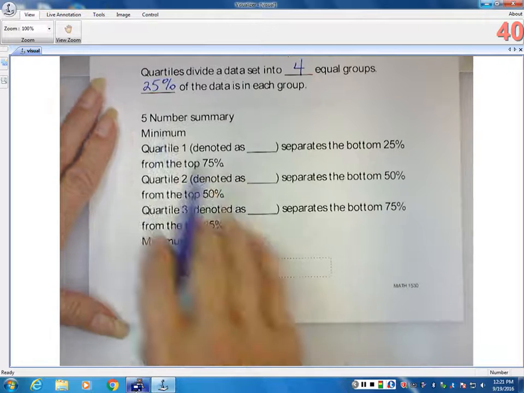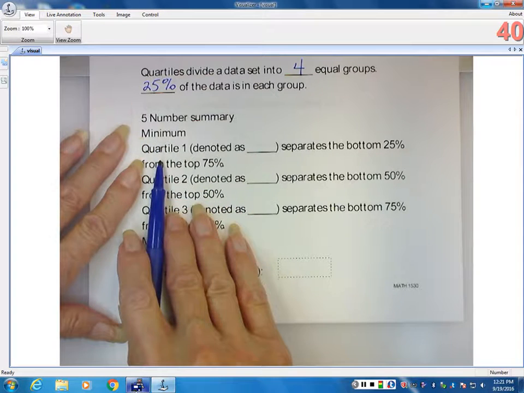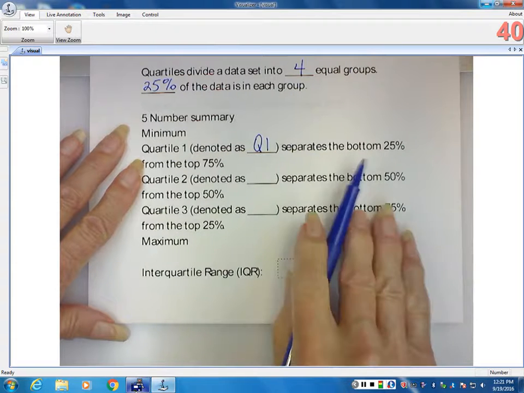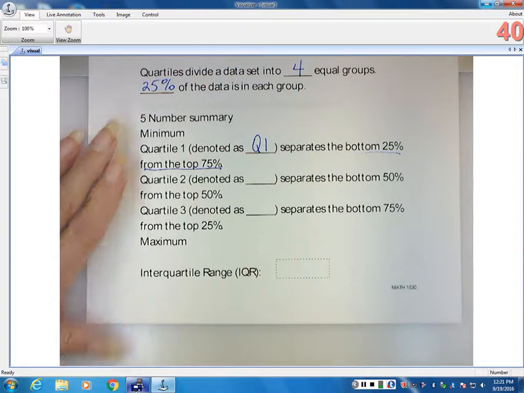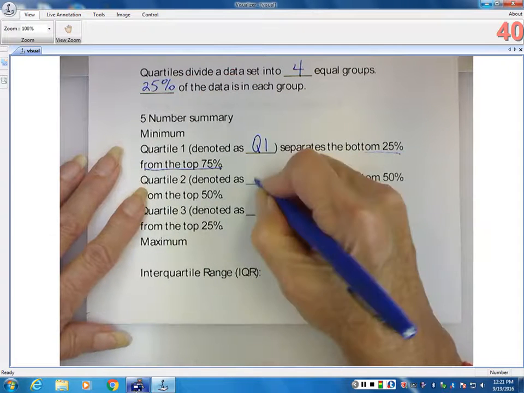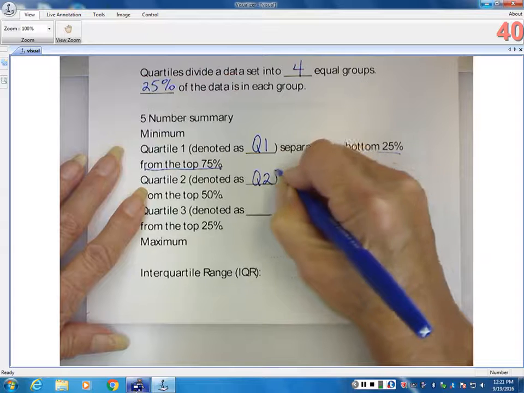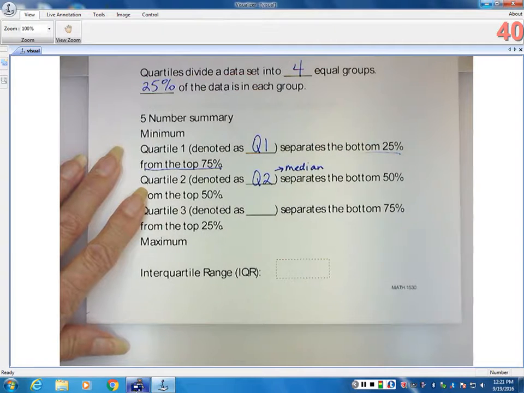Your 5-number summary is the minimum. Your first quartile, which we call Q1, separates the bottom 25% from the top 75%. Quartile 2, which we call Q2, and we also call the median, because that is what the median is.